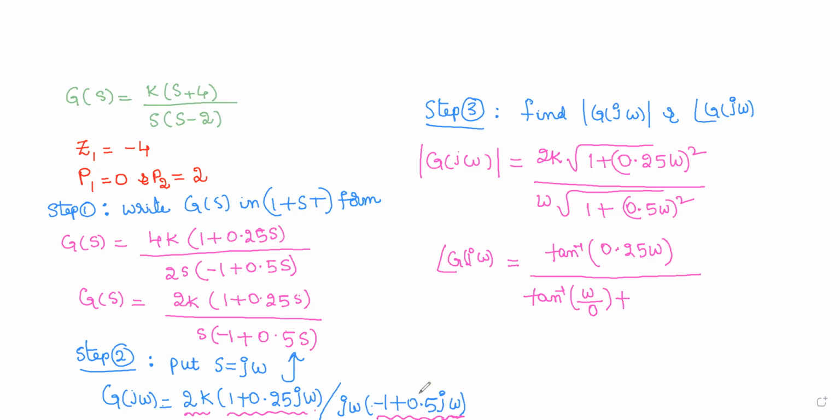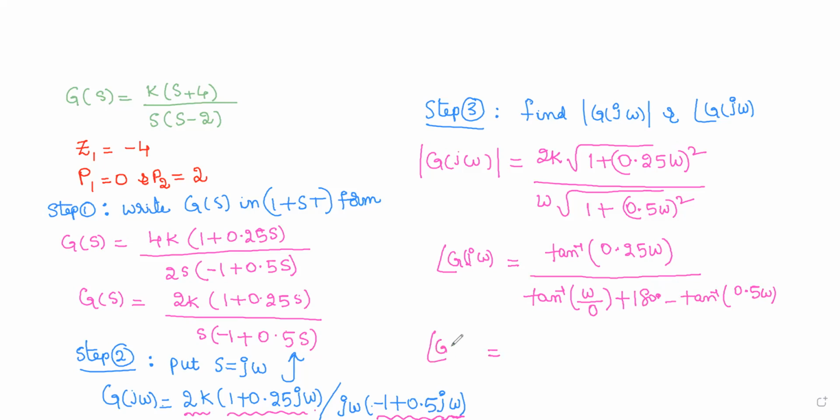So minus plus lies in second quadrant. So for this, the phase angle is 180 degrees minus tan inverse imaginary by real. So tan inverse 0.5 omega by 1.